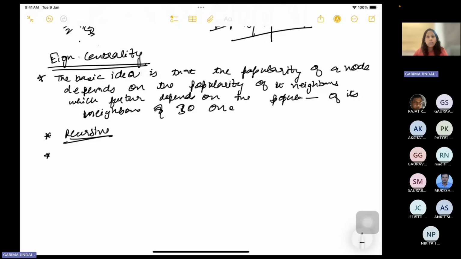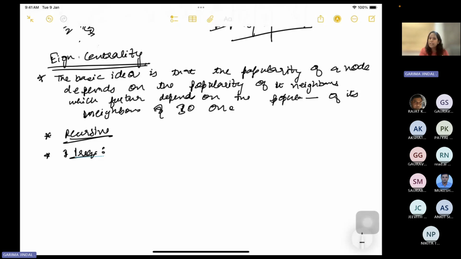Now before actually seeing the derivation of the formula, there are a few prerequisites that you should know. I will discuss these few prerequisites. The first prerequisite is that when a matrix is multiplied to a vector and it is iteratively multiplied, we have earlier also seen that the values converge.